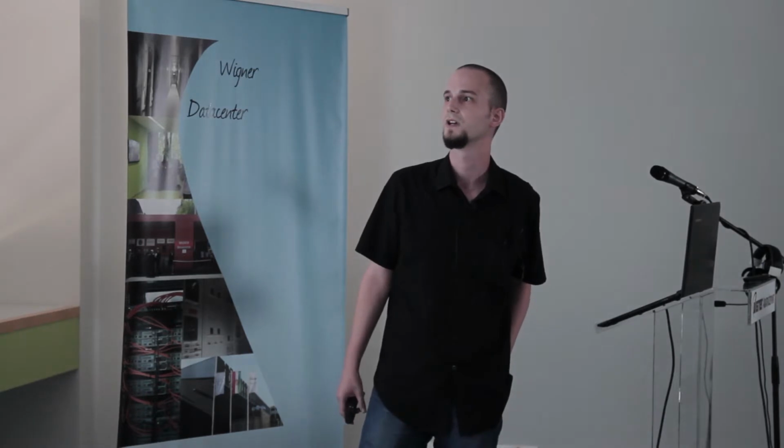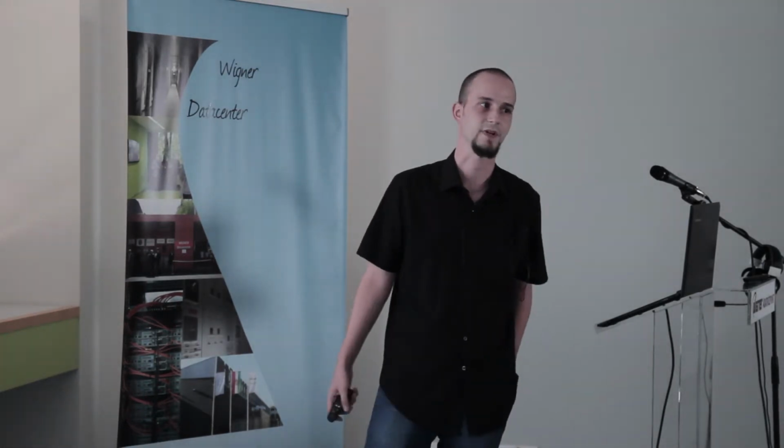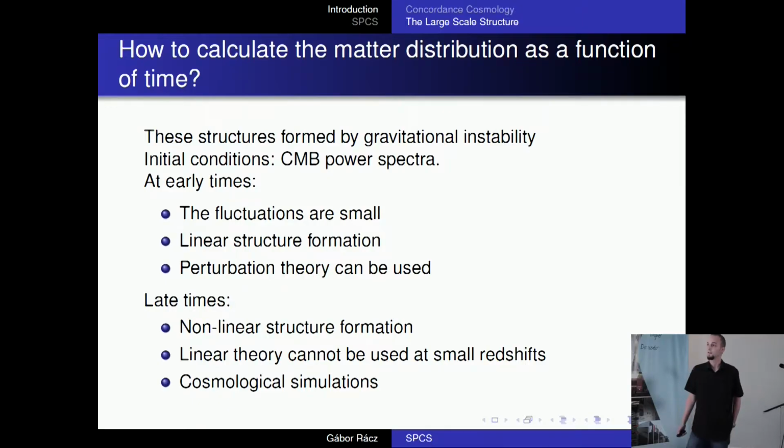At early times the initial conditions come from the cosmic microwave background power spectrum, and we can use linear perturbation theory because the fluctuations are quite small. But at later times the fluctuations will be too large for perturbation theory, so we have no choice but to use cosmological simulations.